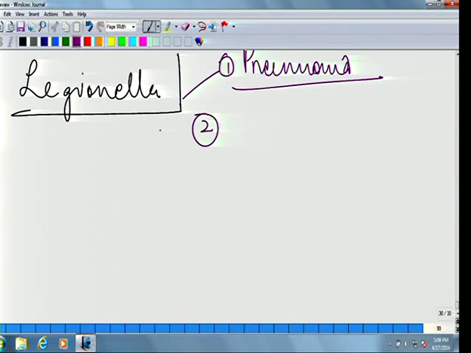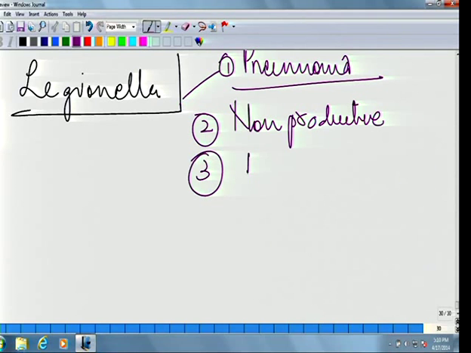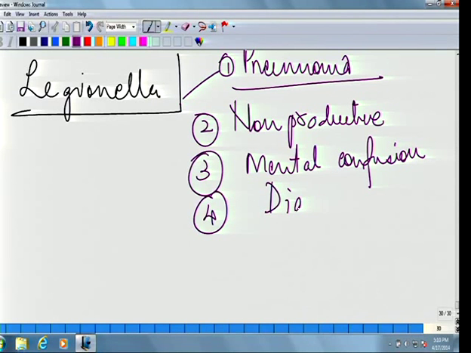A person with pneumonia would present with respiratory symptoms of cough and fever, mostly a non-productive cough. So symptoms of pneumonia, non-productive cough, mental confusion, and diarrhea. Okay. These are distinctive features of this pneumonia.